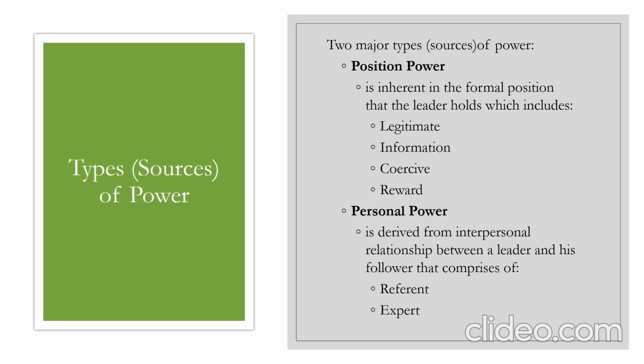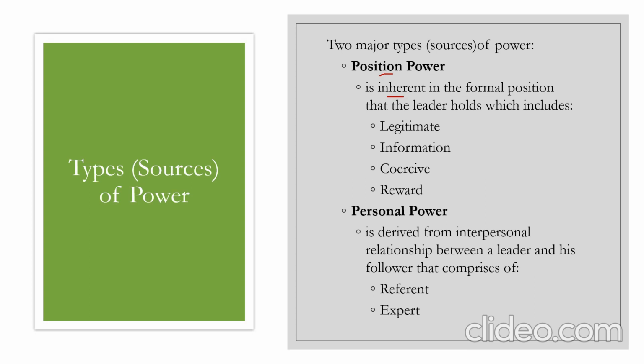First one is the position power. Okay, position power is inherent in the formal position that the leader holds, which include legitimate, information, coercive, and reward power. So what is meant by position power? It is the power that a person has because of a formal position in the organisation.